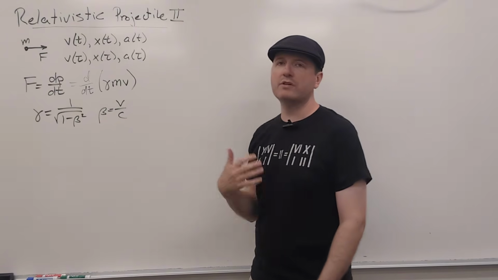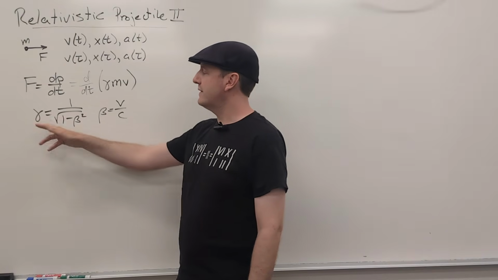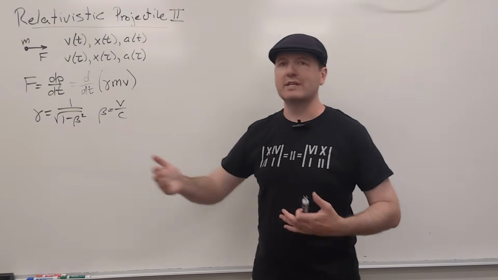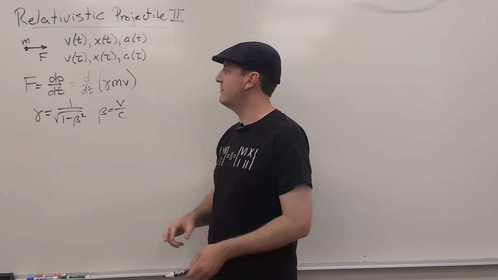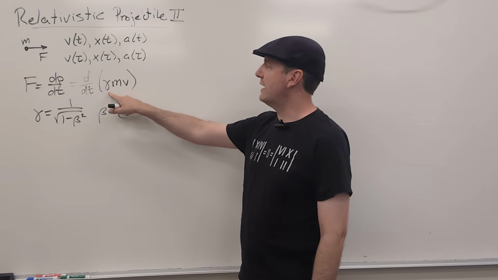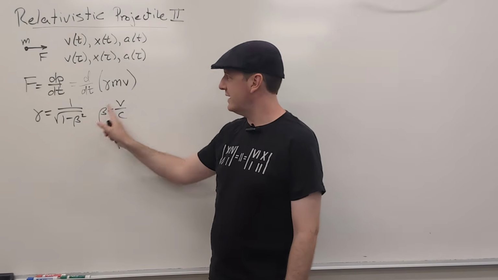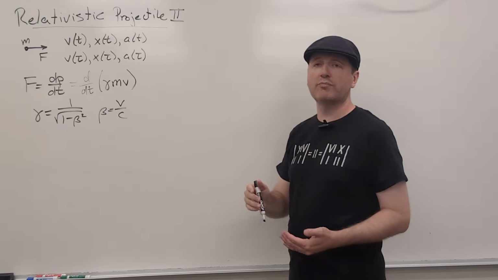Beta is the dimensionless speed as a fraction of the speed of light, and gamma, that Lorentz factor that gives us things like time dilation and length contraction, depends on v in this funky way. Now here, of course, we can see that these both will change with time because beta depends on v and gamma depends on beta. So we could imagine doing some sort of product rule here.